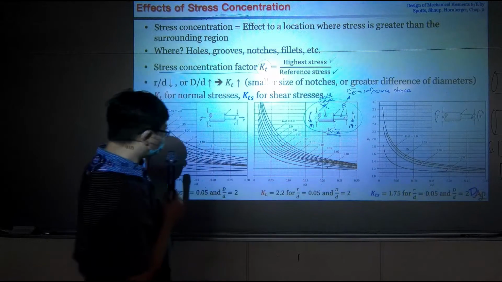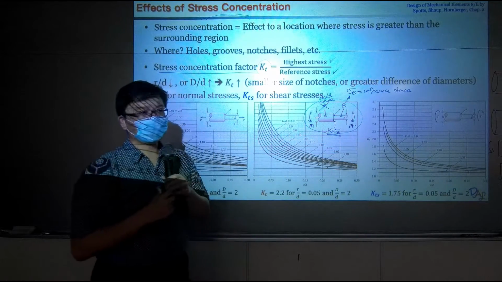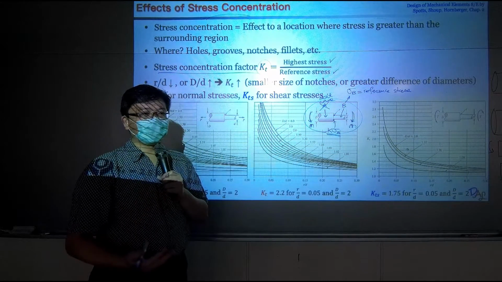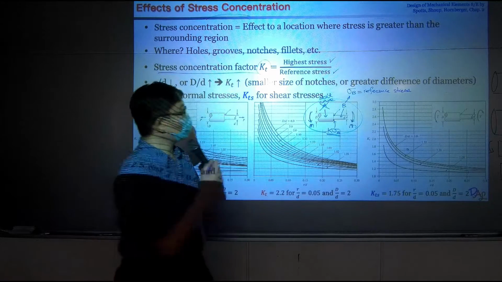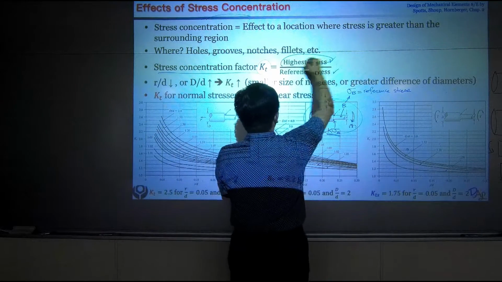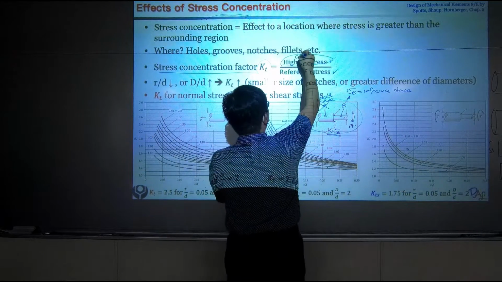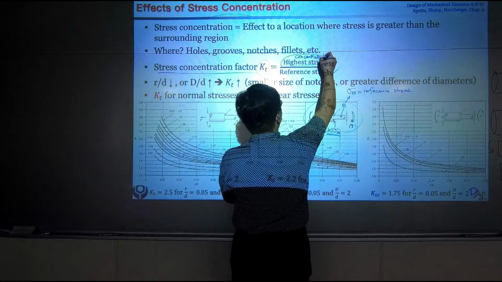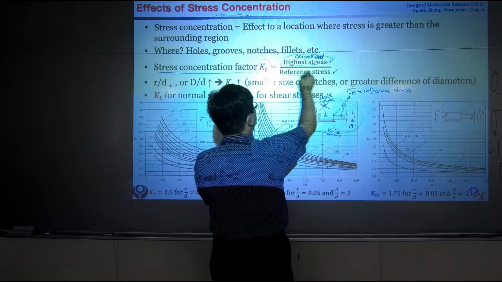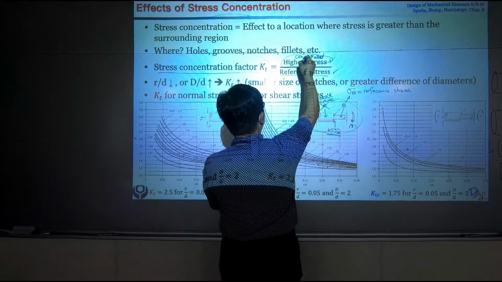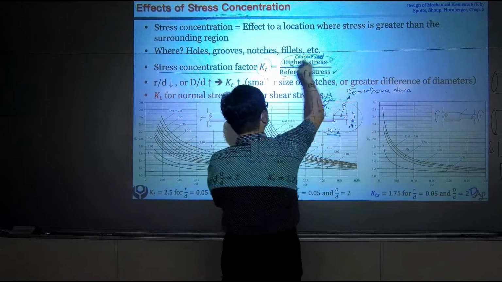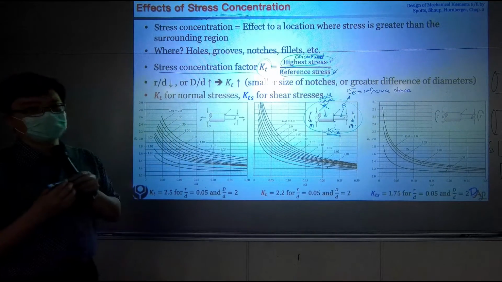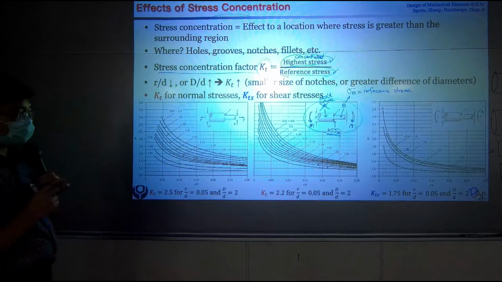Okay, so when you get a value K, K means how many times? Because this is your highest stress, basically where the stress concentrated, and this is your reference. So the concentrated stress equals K times your reference stress. Okay, so this is an important idea.